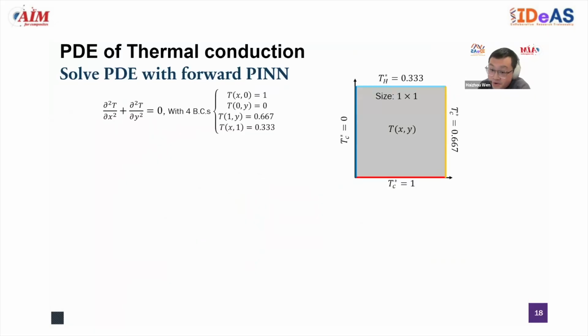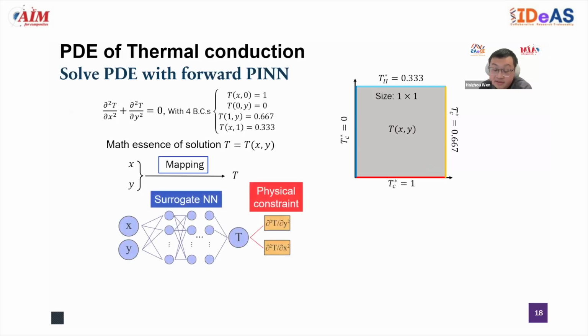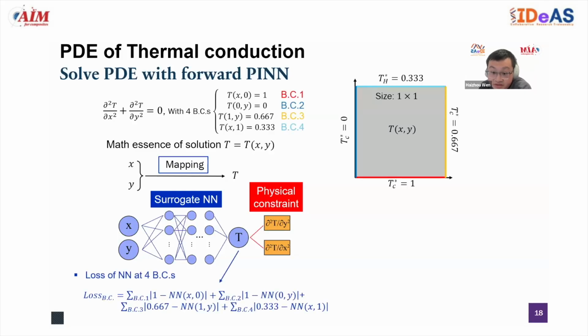So back to our way of PINN, we simplify this problem of a Laplace equation with four different BCs. Similar to the previous ODE, the NN's mission is to approximate the solution mapping from x, y to temperature T. So the inputs of the NN are x and y, and the output is T. The blue loss part is trained by samples from four BCs.